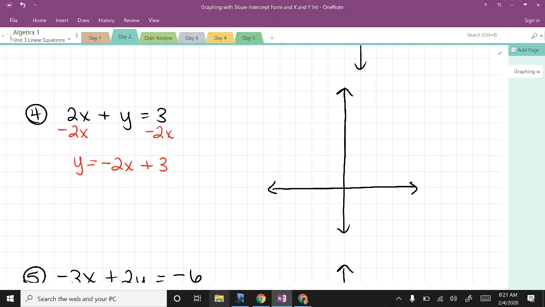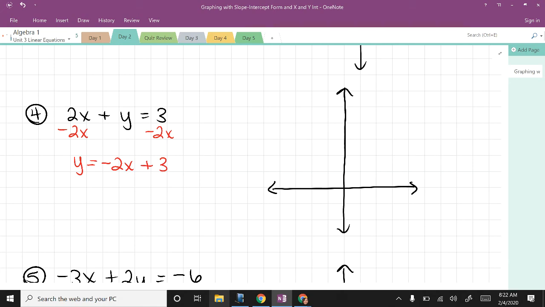So draw your x and y axis. And again, since my y-intercept is 3, I kind of drew it more up in the top 2 quadrants. You don't have to do that. Some people that bothers, but I like to save paper. So when I'm graphing my line, what do I start with?